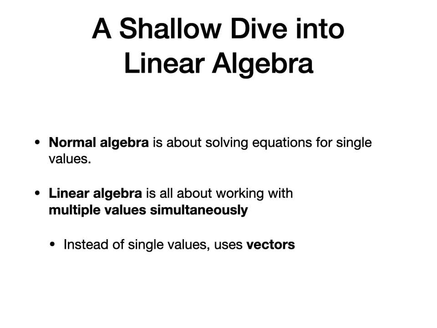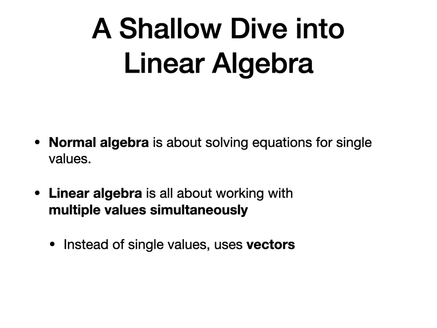Linear algebra, as opposed to what you might think of as point-based algebra, is trying to solve for multiple values all at once. So instead of single values, we're working on vectors. So it really is just algebra, but elaborated to do multiple things at once instead of just one thing at once. Okay, that's the conceptual basis for linear algebra.